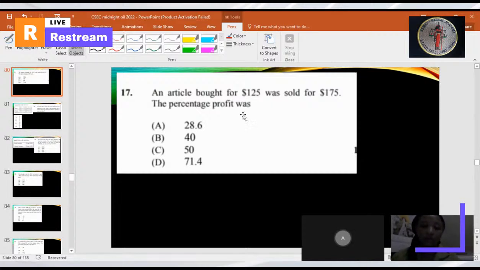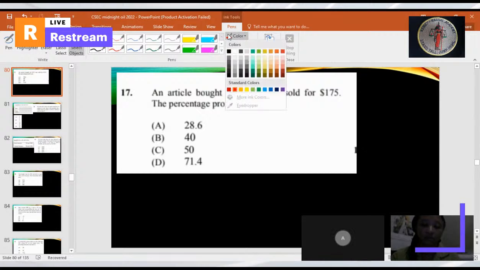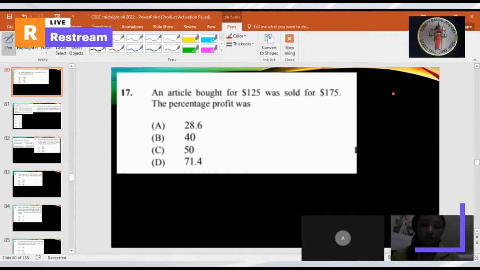The percentage profit was 125 over 175 multiplied by 100. So you're saying to work out the percentage profit, you're putting the cost price over the selling price times 100? Shouldn't you put the profit over the cost price times 100?